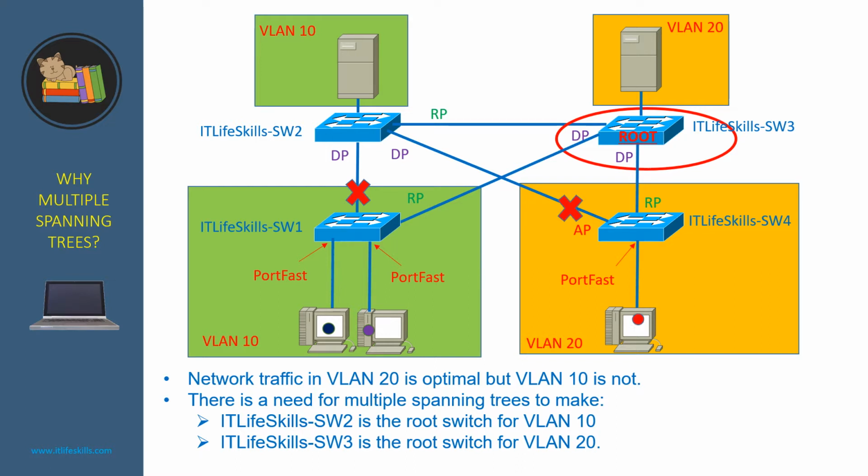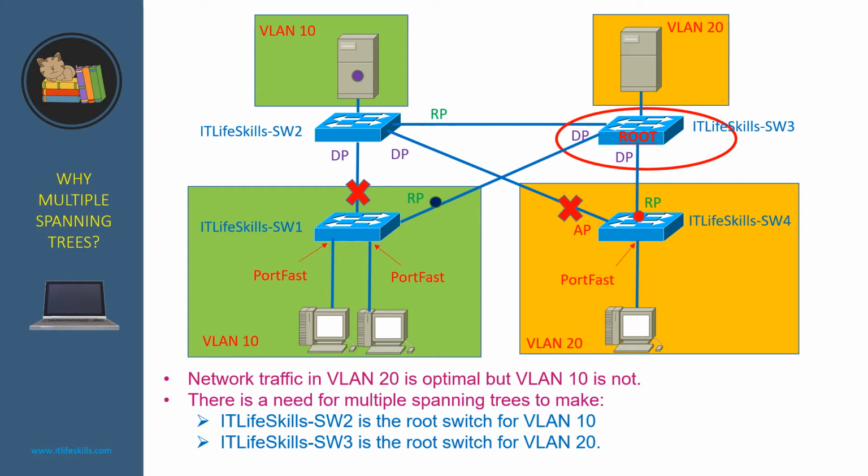However, the network traffic between the client and the server in VLAN 10 flows like this. You can easily recognize that the network traffic in VLAN 20 is optimal, but VLAN 10 is not.